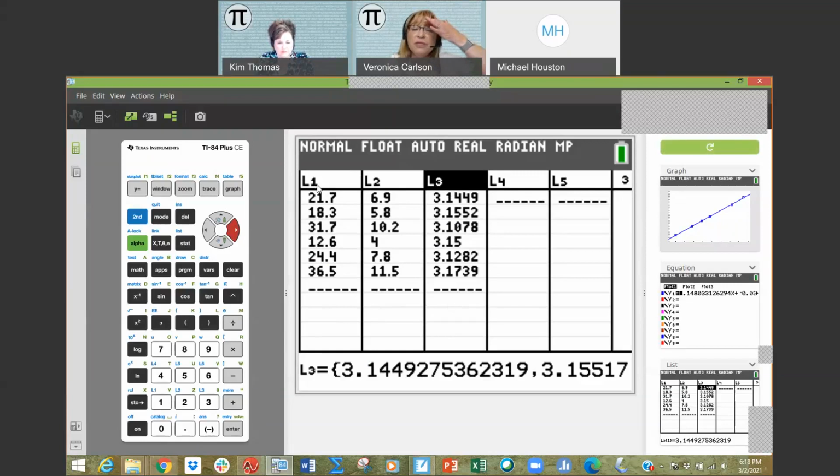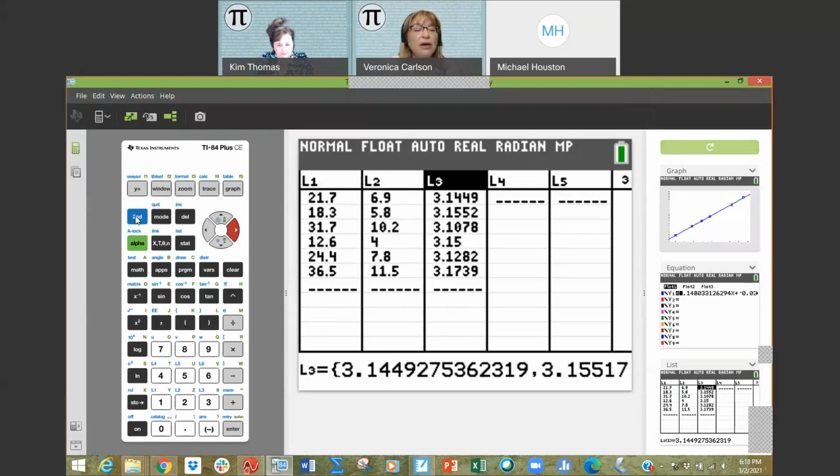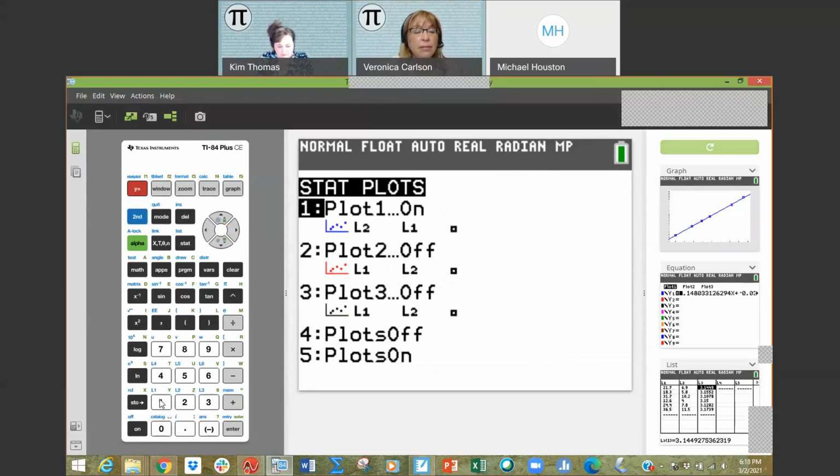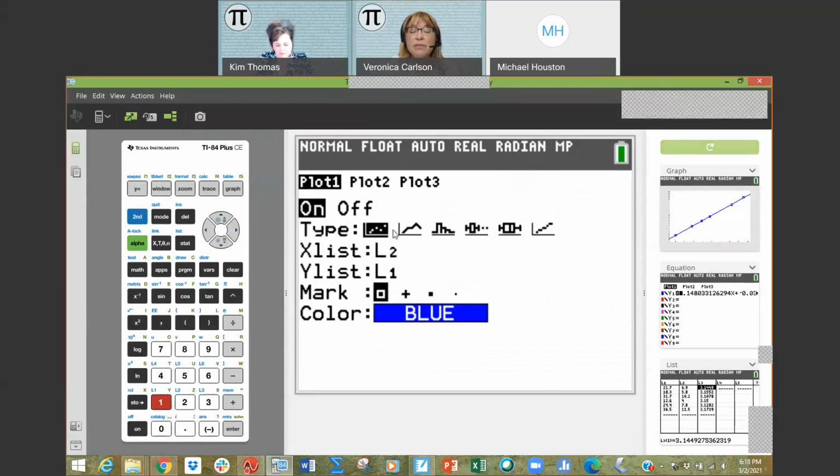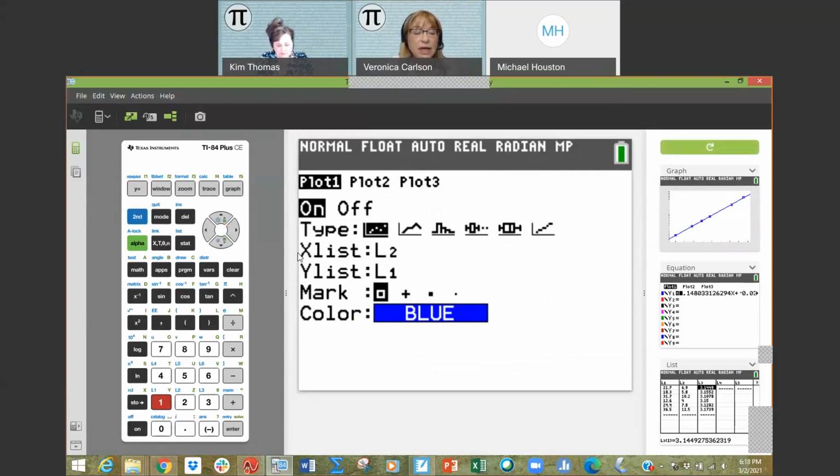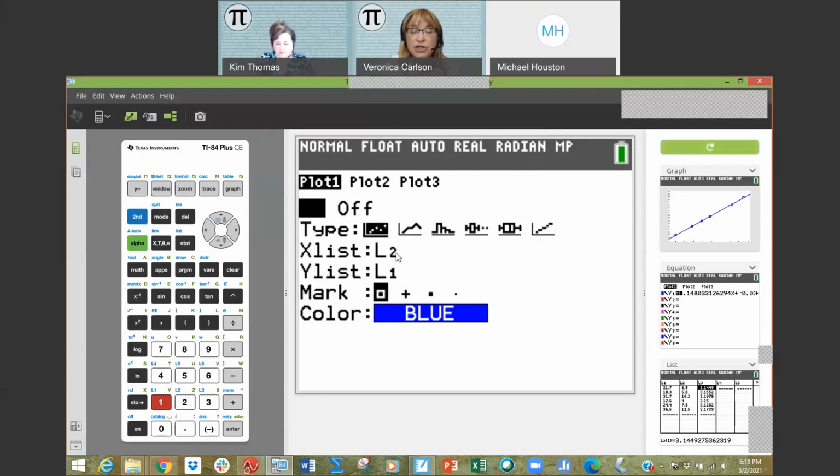When I went to graph them in my scatter plot, I know that the independent variable is the diameter, in list 2, and the dependent variable is the circumference, which I put in list 1. Hopefully that's cleared up all the information.